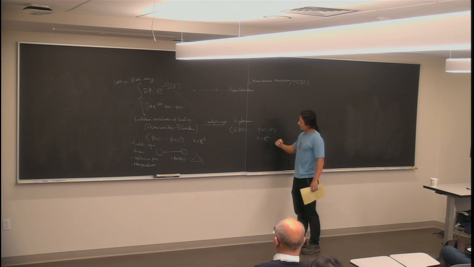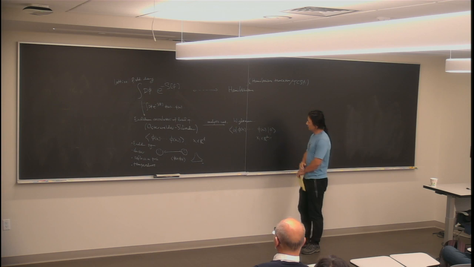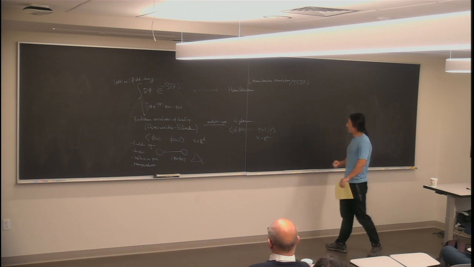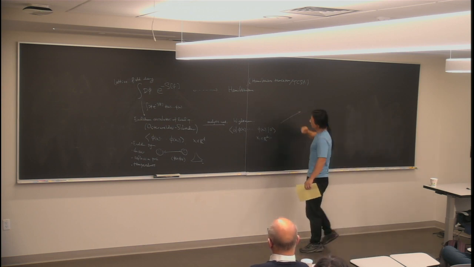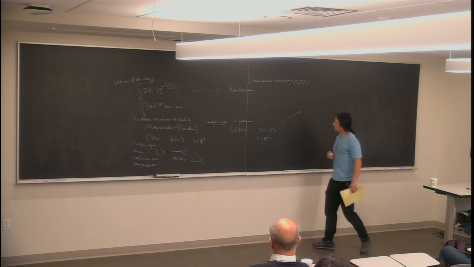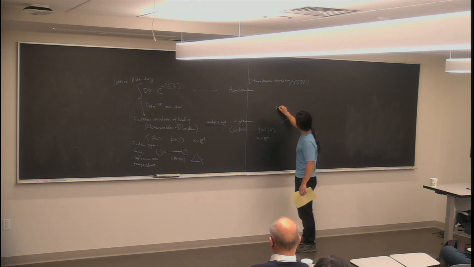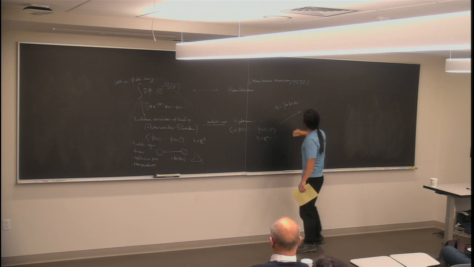Using that, one can associate with these local operators some actual well-defined bounded linear operators on the Hilbert space. For example, you could imagine taking phi to be some Hermitian scalar field, and you write phi f to be something like the integral of some test function f of x times phi of x.